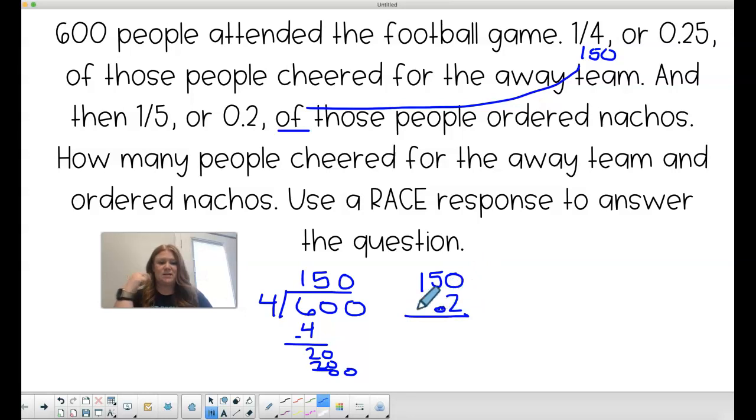That's a very terrible decimal. So there is 0 and 0 again, or 10, and 2 plus 1 is 3. 1 decimal place is 30. So my answer is that 30 people ordered nachos and cheered for the away team.